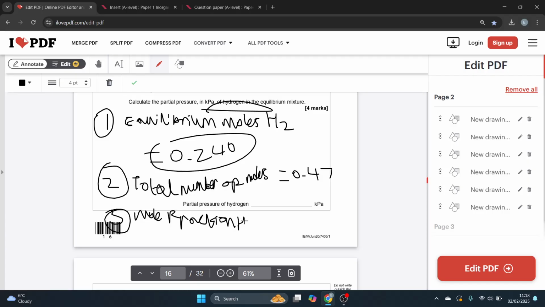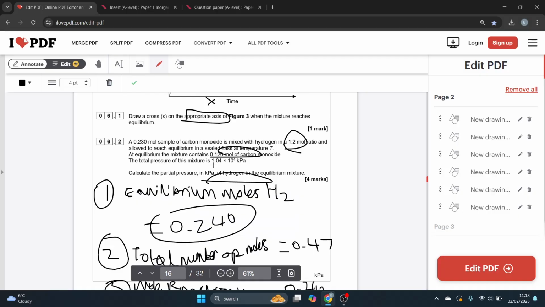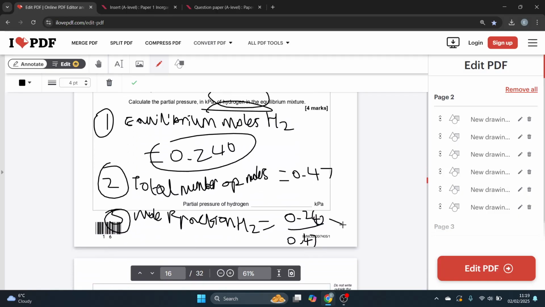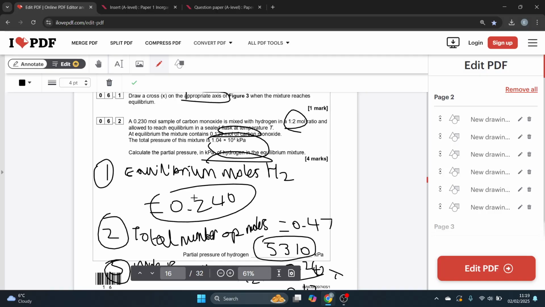And that's going to be very easy. It's just going to be 0.240 divided by 0.470. I want it in kilopascal, so times by that number. And you should get 5310 kilopascals.